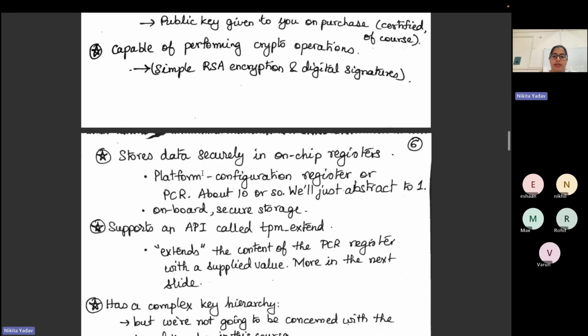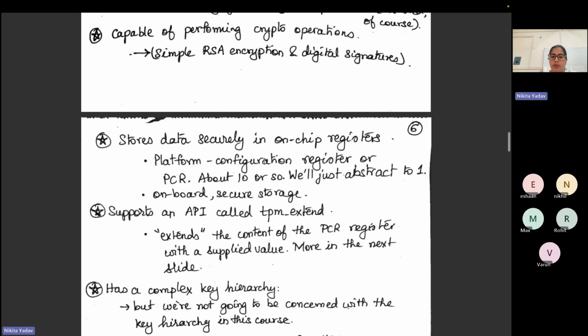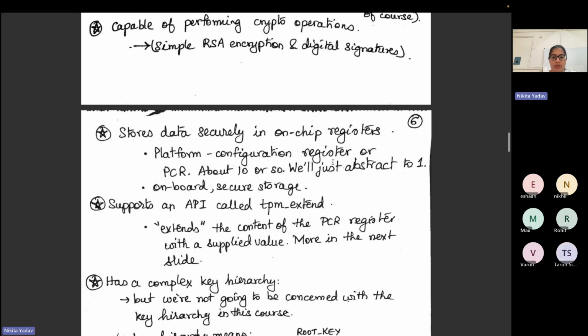These registers are called platform configuration registers. Although there are about 10 or more registers, we have abstracted away this detail, the number of registers, and we are going to assume that there is only one platform configuration register, only one PCR.